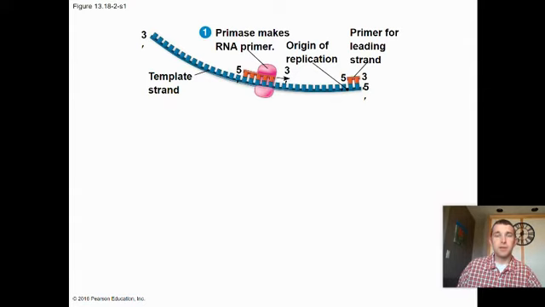So here's what we've got going on. Primase attaches an RNA primer to a particular region that happens to match up to this RNA primer. If RNA primers were hundreds of bases long, there wouldn't be any places where these primers would happen to exactly match up.